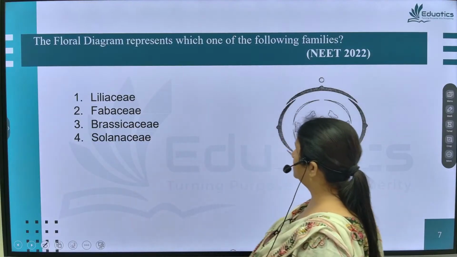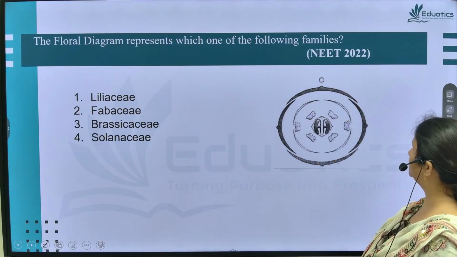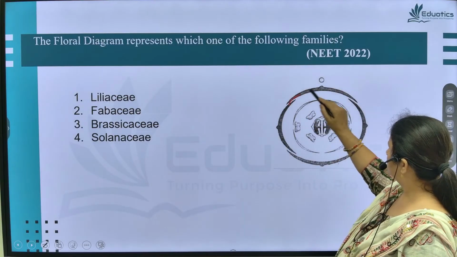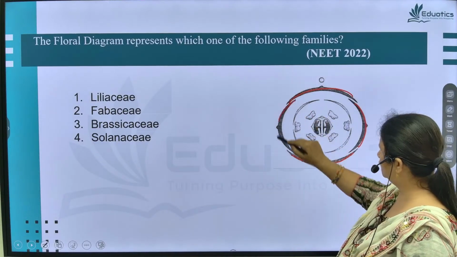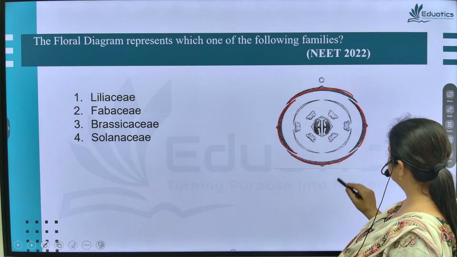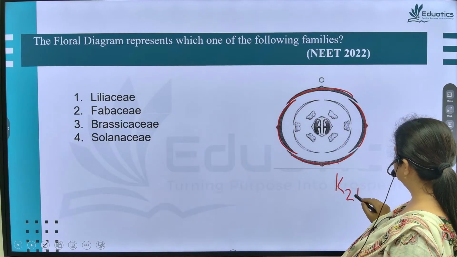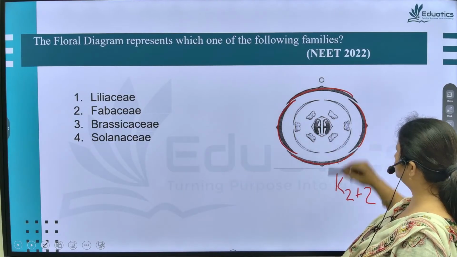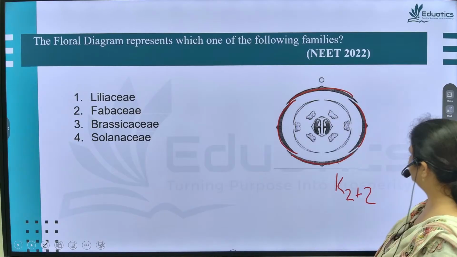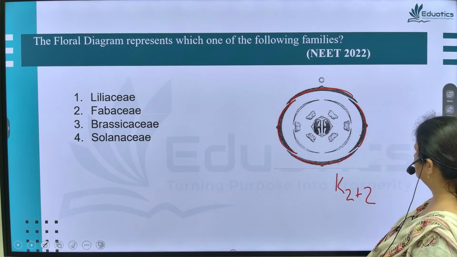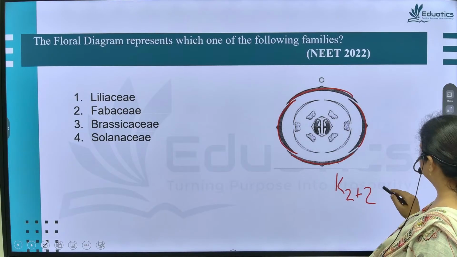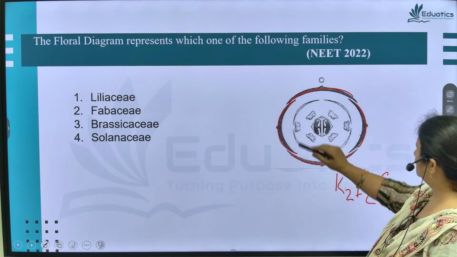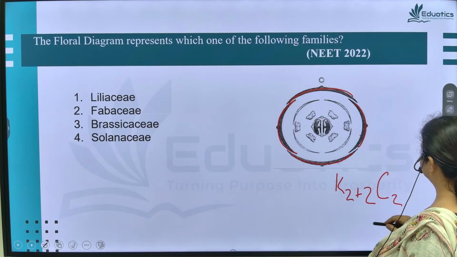The floral diagram represents which one of the following families? Calyx 1, 2, 3, 4, that is, 2 plus 2, arranged in two whorls. Aestivation is twisted imbricate. Then in the corolla, four petals in valvate aestivation.